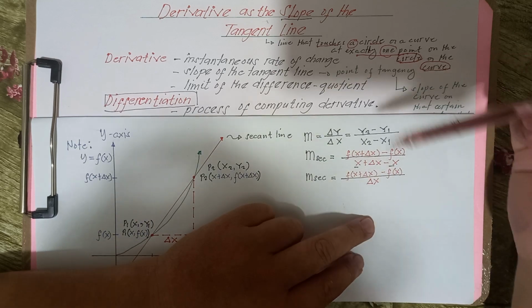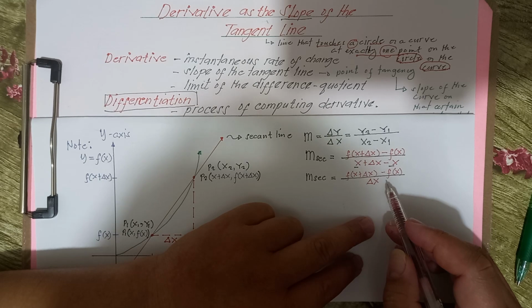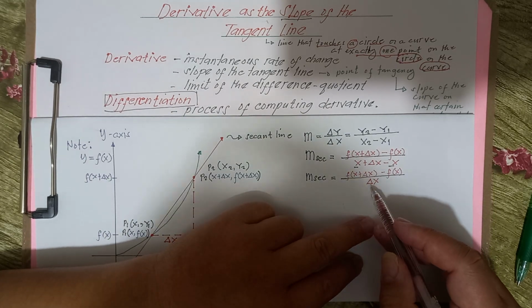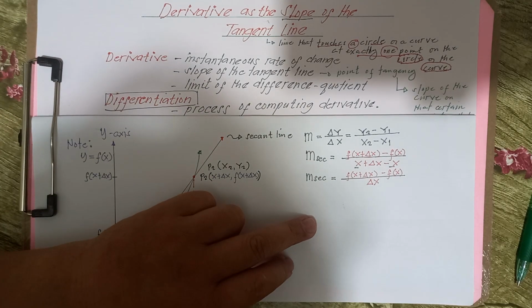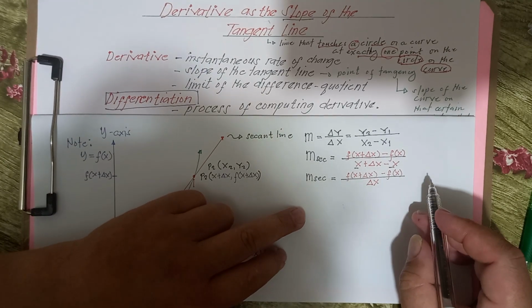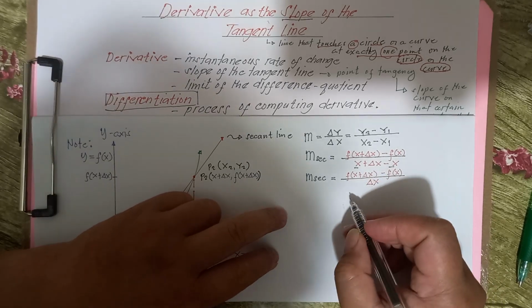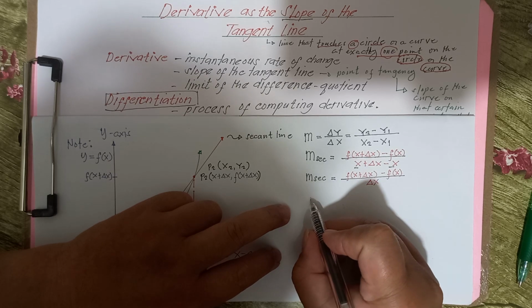So when we get the limit of this one as x is approaching 0, that is actually the definition of the derivative. So let's try to have now this form written also in limit form.